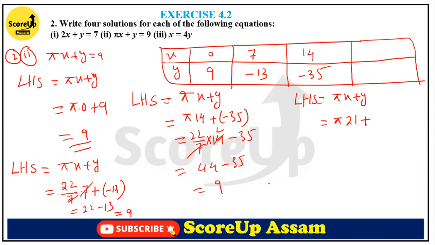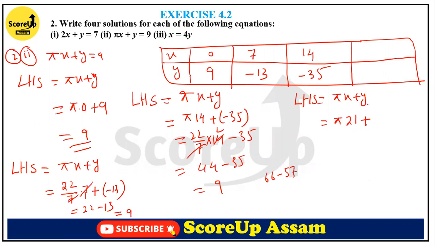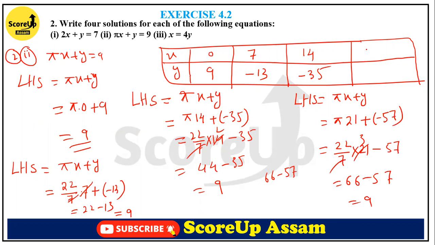Then what do you have to put for y? Put minus 57. Okay, so ultimately 22 by 7 into 21 minus 57. 3 sevens are 66 minus 57, so it will be 9. So that means the value of x is 21 and then the value of y will be minus 57.